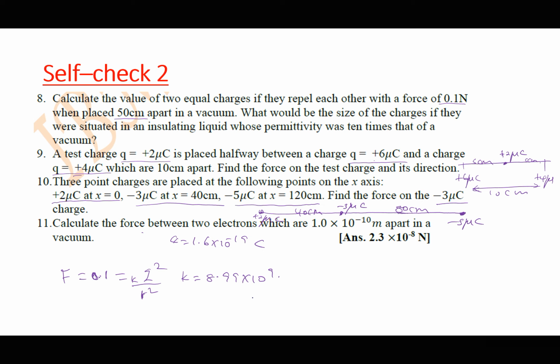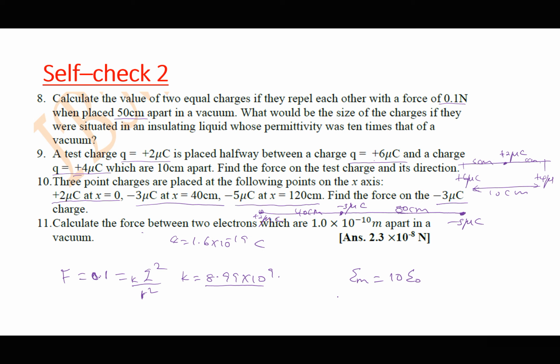And then now you should be able to replace. Instead of using a vacuum, they are now in a liquid whose permittivity is 10 times that in a vacuum. That is, permittivity of the medium is 10 times epsilon naught. So in the expression, we shall no longer use 8.99, but we shall replace epsilon naught with epsilon m.